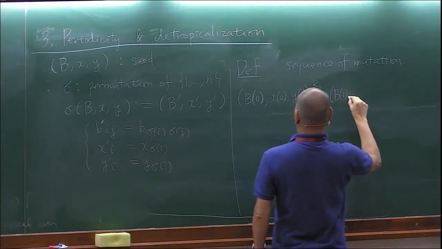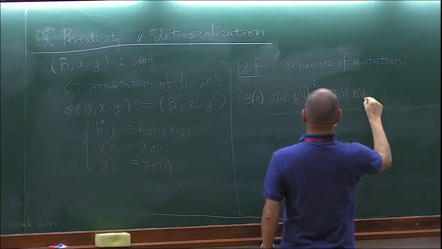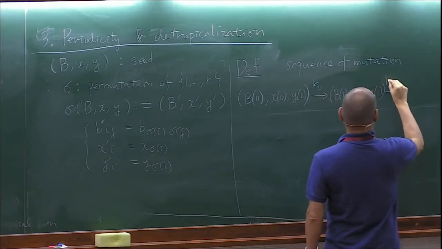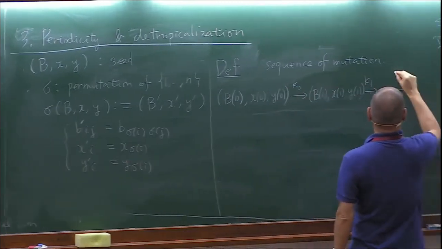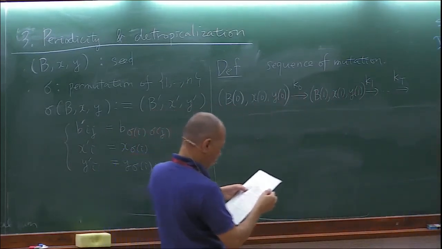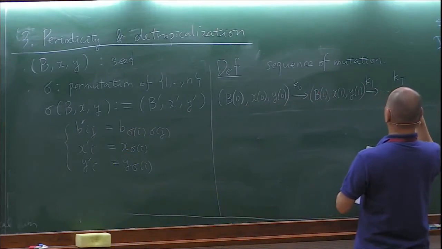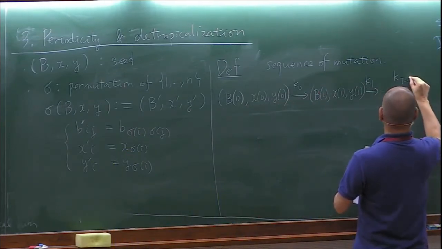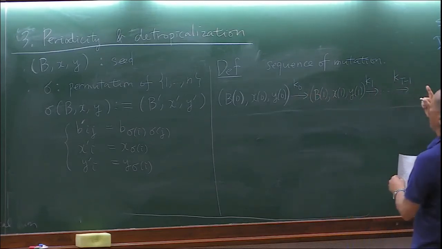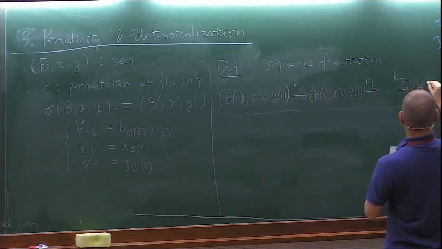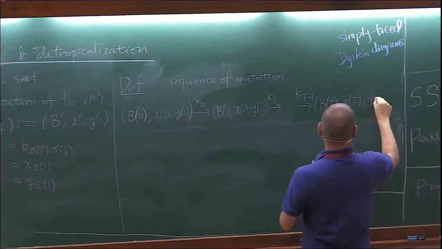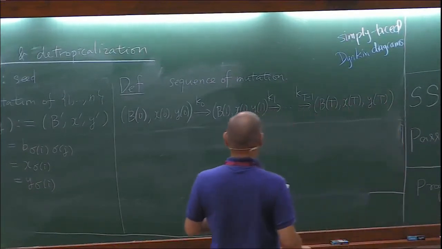Now you have discrete time 1, and you have some seed, and k1, and so on. You repeat t times, for example t minus one times. Starting from 0, the last one is this one, and you end up with something. This is just a notation for the sequence of mutations.